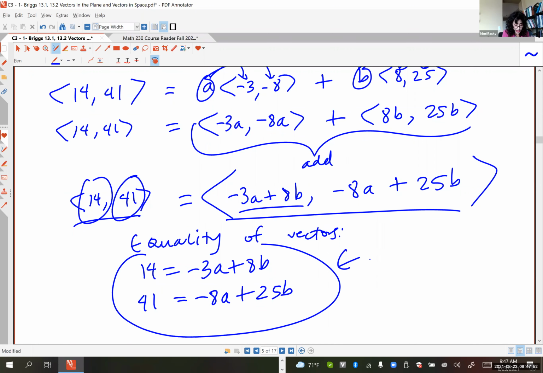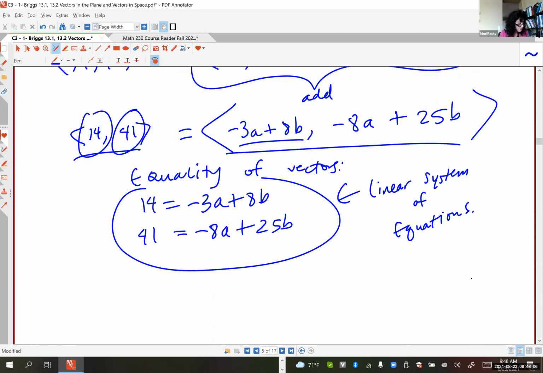And folks, this is a linear system of equations. There are 2 equations and 2 unknowns. And you learned how to solve this in an algebra class. Now, there are different ways to solve it, of course. One way would be to use the substitution method. That would work.